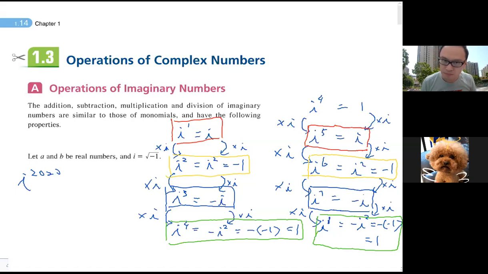One step after the multiple of 4, then you'll get i. 2 steps after the multiple of 4, then you will get negative 1. 3 steps after the multiple of 4, then you will get negative i. 4 steps after the multiple of 4, that is another multiple of 4, so that will be equal to 1.